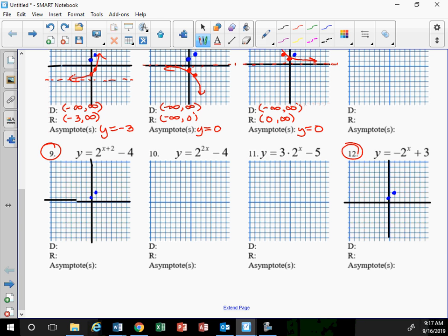Guys, like on number 12 where you've got a reflection and you've got a shift, it's like order of operations. You would multiply before you'd add or subtract. So you'd multiply by that negative 1. You'd reflect first and then you would shift. Okay? So try 9 and 12.